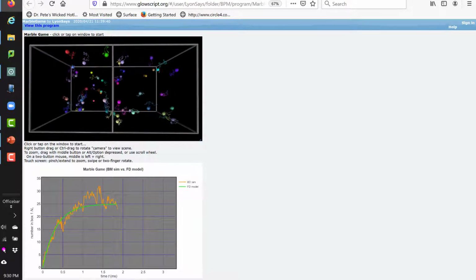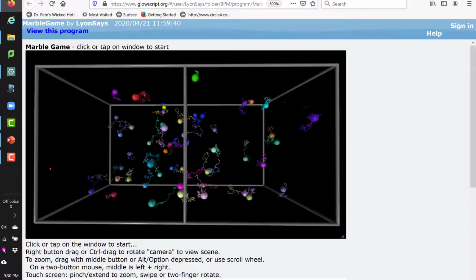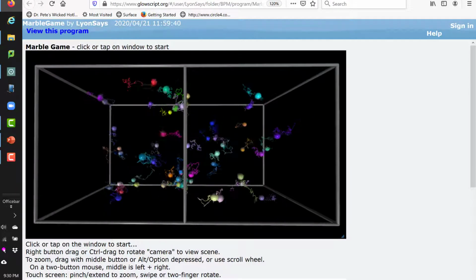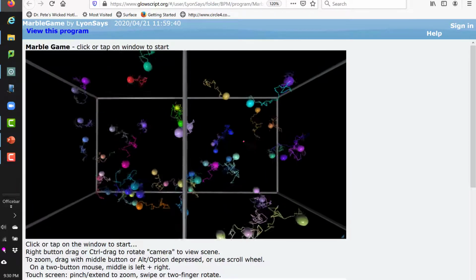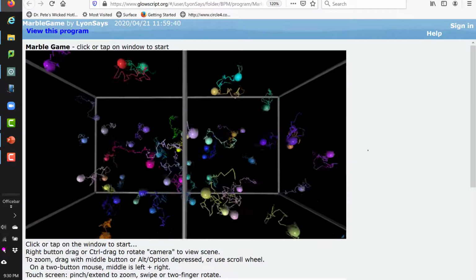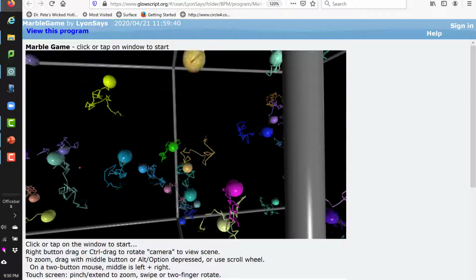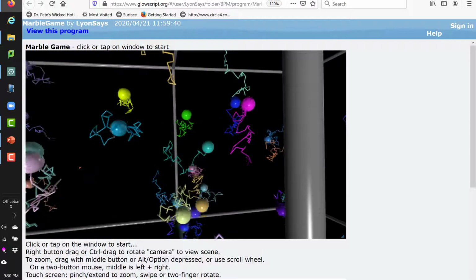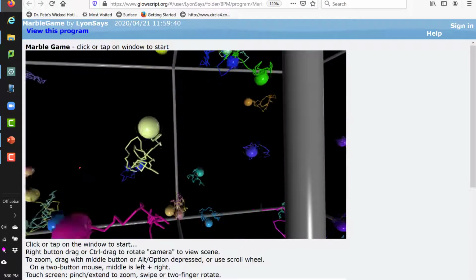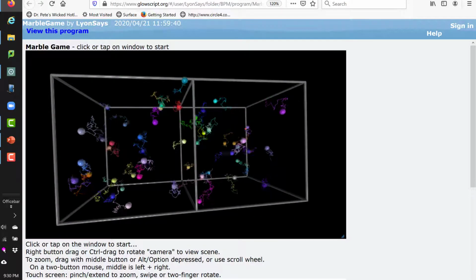So how does that relate to our epidemiological model? Well, if you zoom in on this thing, you can see these guys are all jiggling around, and if you want to zoom in more, this is a 3-dimensional model, so you can actually look inside and rotate. The idea is that if 2 of these guys randomly bump into each other and get close enough, if one of them's infected and the other one is not, one can infect the other.